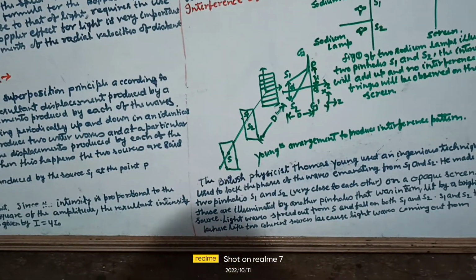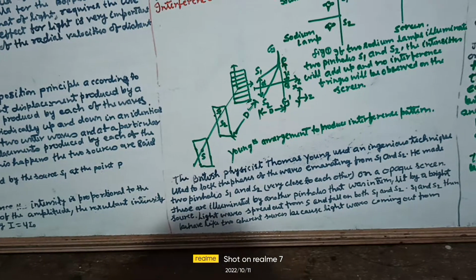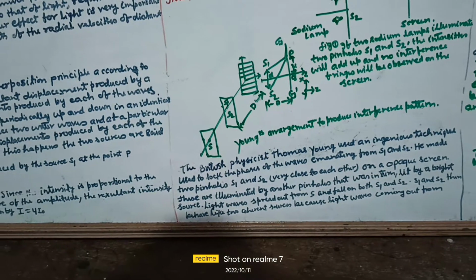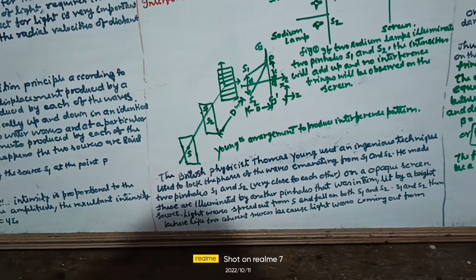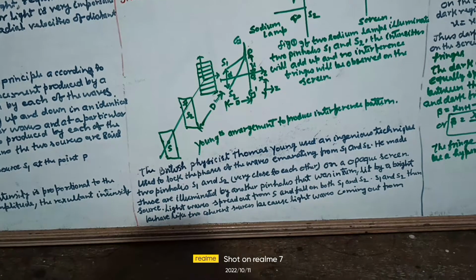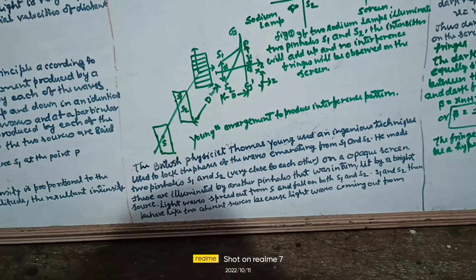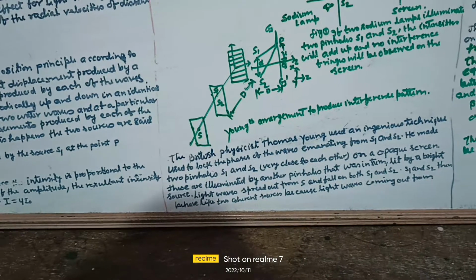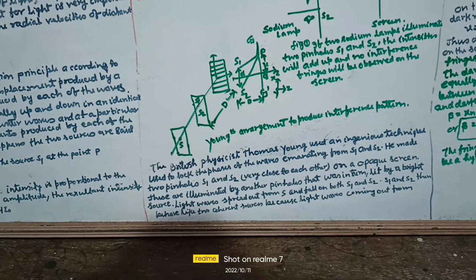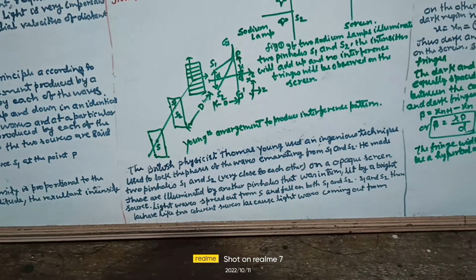He made two pinholes S1 and S2 very close to each other on an opaque screen. These are illuminated by another pinhole S, which was in turn lit by a bright source. Light waves spread out from S and fall on both S1 and S2.